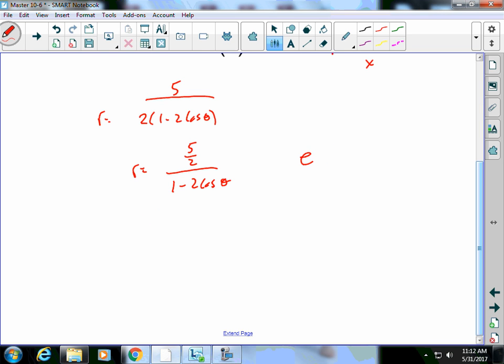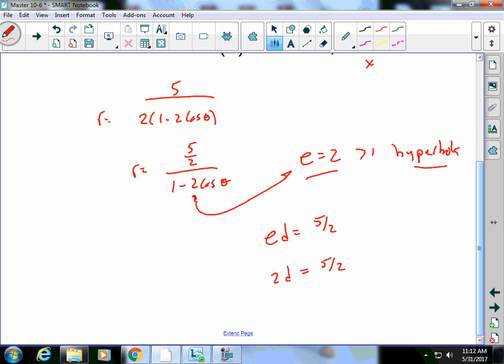So we know that E is equal to 2, according to this, right? That's my E value. That's greater than 1, so I have a hyperbola. I've answered 2 parts of my problem. I know that ED is equal to 5 halves. Well, 2 times D has to equal 5 halves then, doesn't it? Or D is equal to 5 fourths.